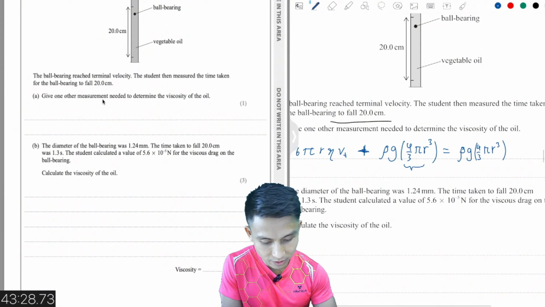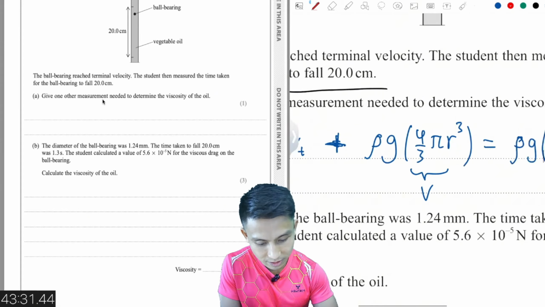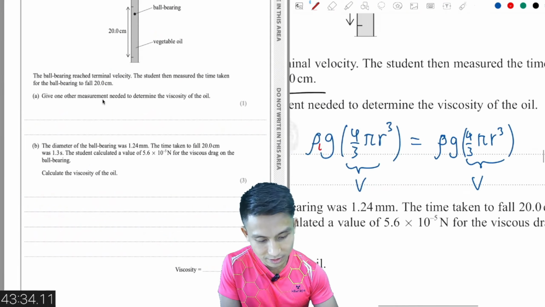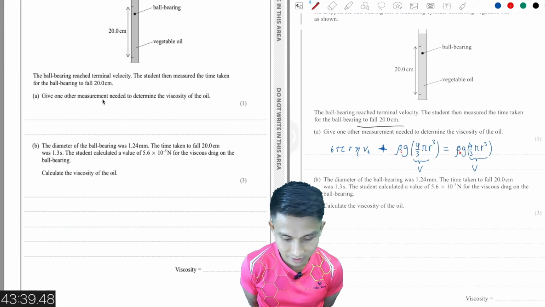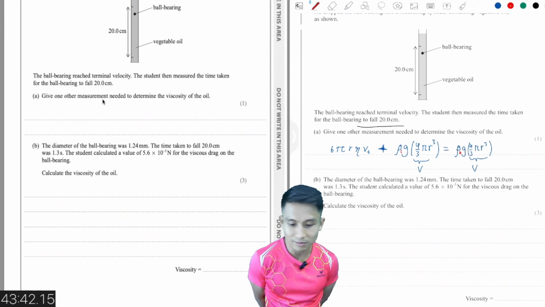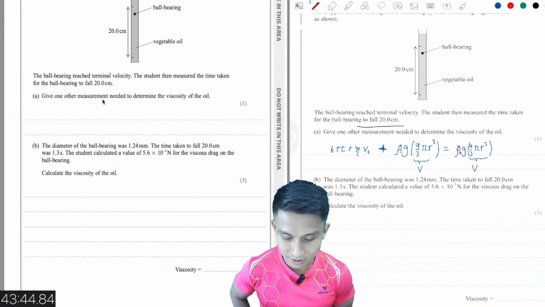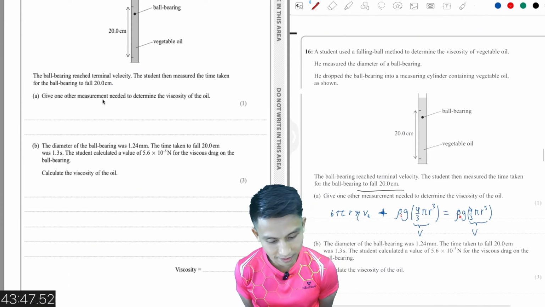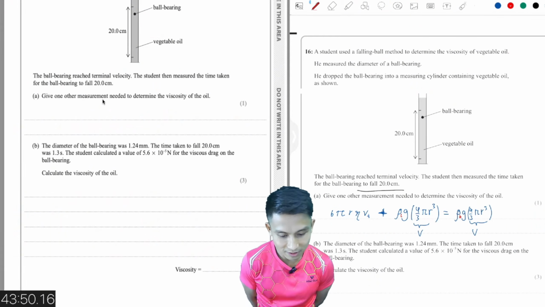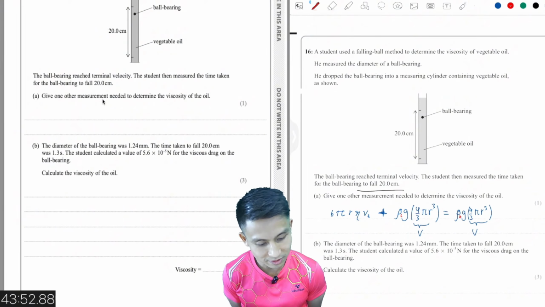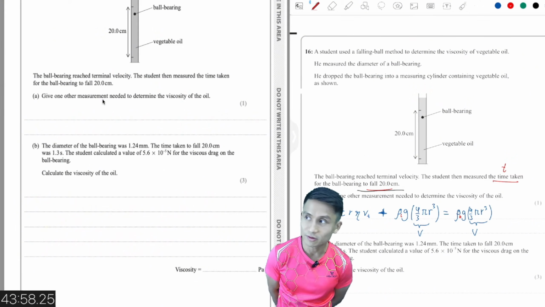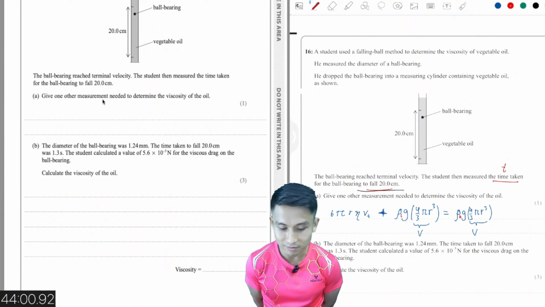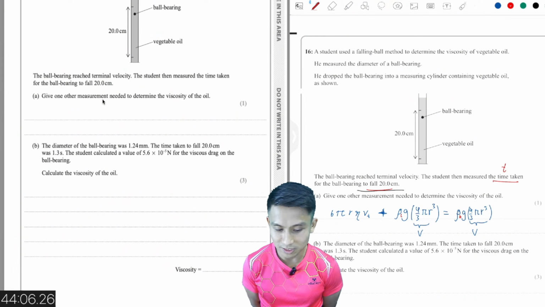The same volume, volume of the ball, but this is the density of the liquid, and this is the density of the ball. So when it's terminal, this equation must be true. The student measured the time taken for 20 centimeters. So time taken t for 20 centimeters, that can find the acceleration. Is that any use? Why do we need acceleration?